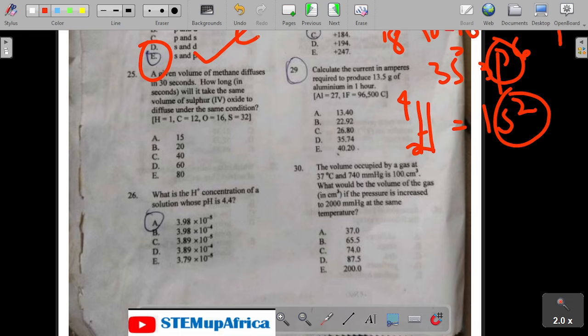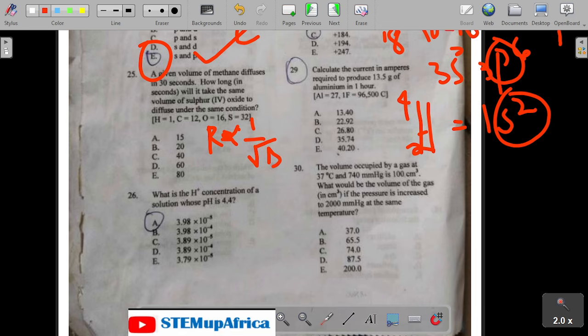Number 25. A given volume of methane diffuses in 30 seconds. How long in seconds will it take the same volume of sulfur oxide to diffuse under the same conditions? So we know that rate of diffusion is proportional to 1 over the square root of vapor density.